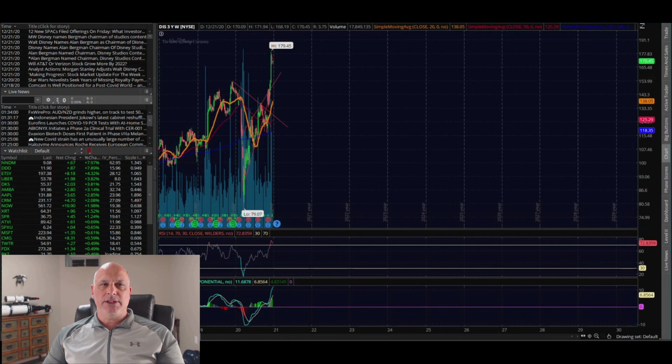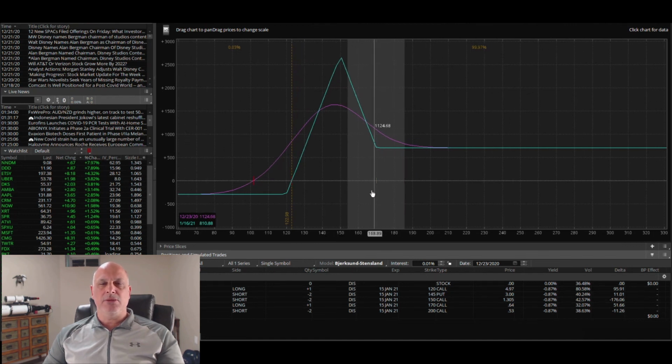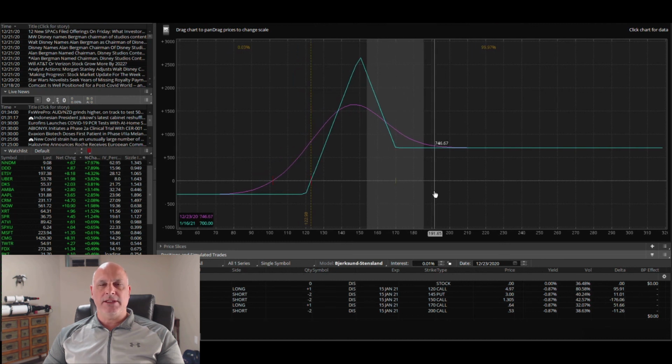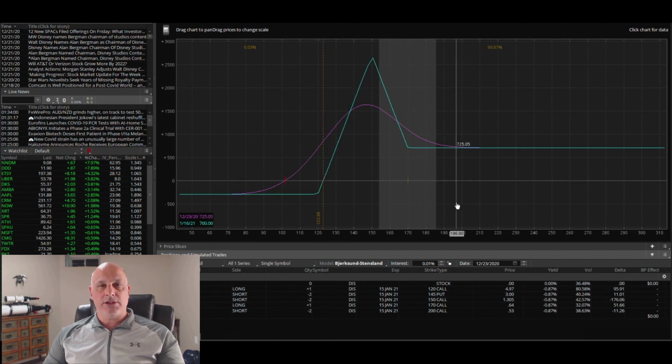Like I showed you Disney. If you notice my logo, I'm a big fan of the broken wing put and call butterflies. So we'll go into that detail and why I like these trades more than I like vertical spreads sometimes, depending on what we're looking at. Also, why I don't like iron condors.